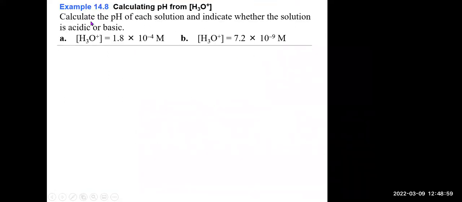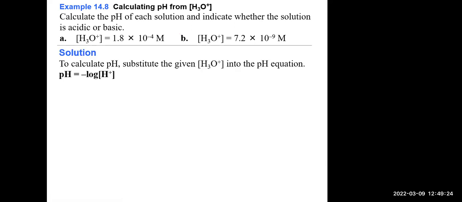Here we want to calculate the pH of each solution, then indicate whether the solution is acidic or basic. What you have is the concentration of H3O plus. We know we can use H3O plus and H plus in the same way, which means if this concentration is for H3O plus, then it's the same as for H plus. So in the equation, we write pH equals negative log H plus.